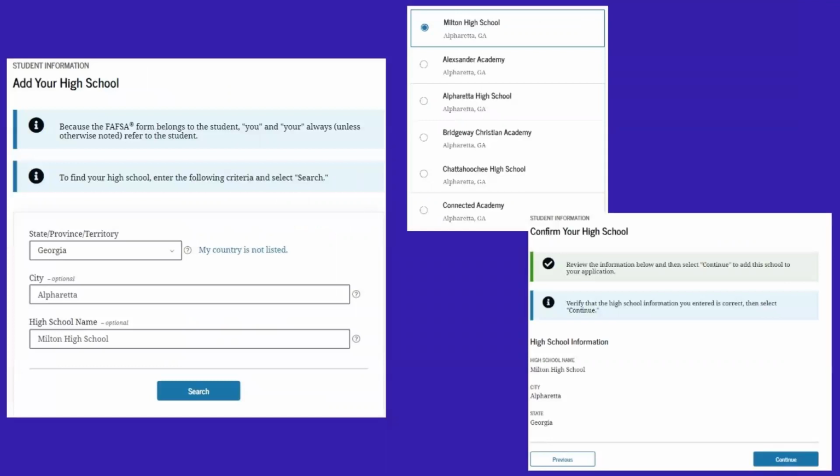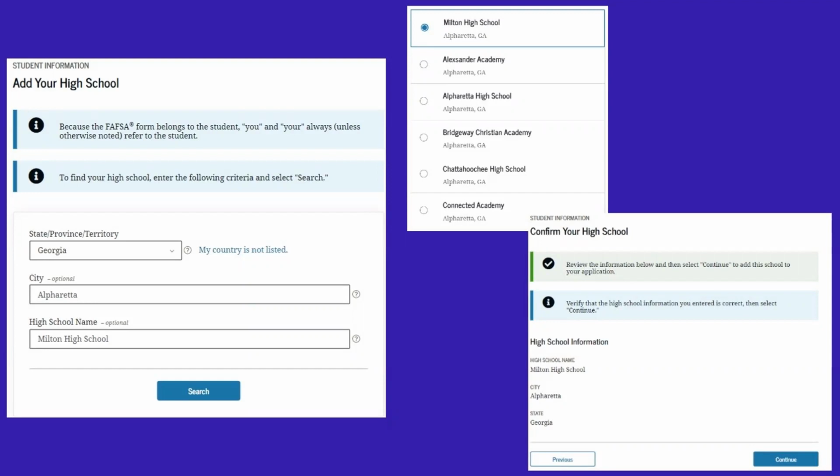All right, now they want to know where the student went to high school. So this is an automatic search tool, which the student can use if you plug in the state and the city, or even just the first name of the school. In this case, I used Milton. All the Alpharetta high schools come up, and then you would click on Milton, and it would confirm that in the third screen there.